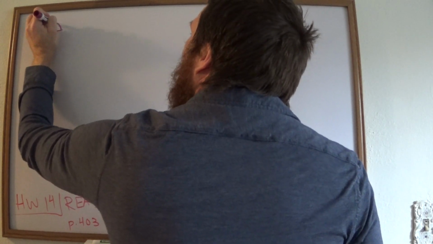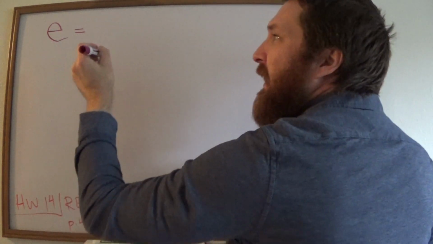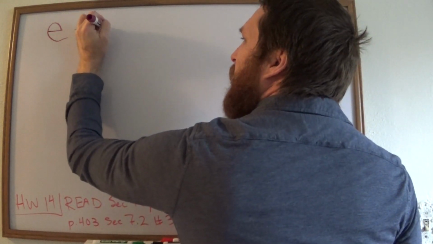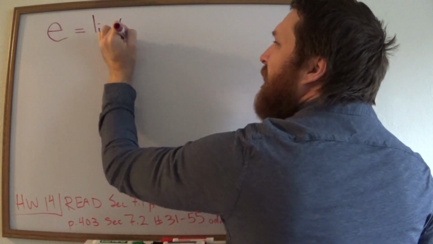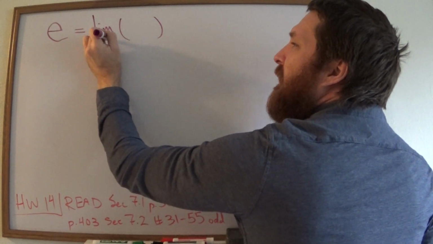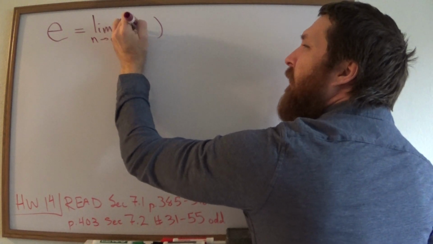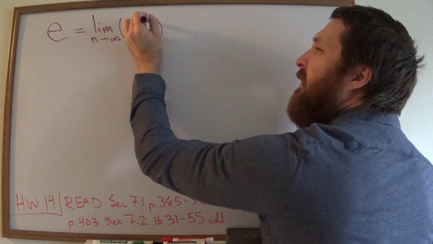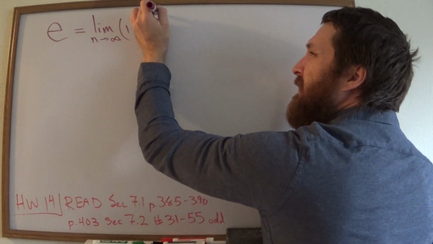Let's think about this. E, we have defined it previously as the limit as n goes to infinity of 1 plus 1 over n, and then raised to the nth.